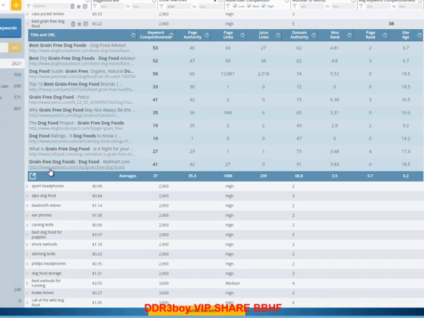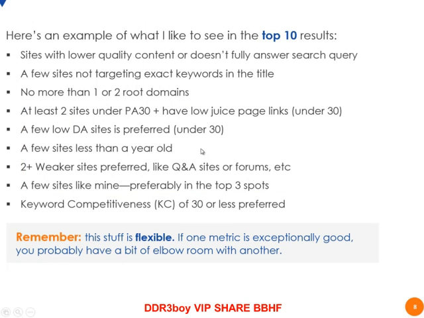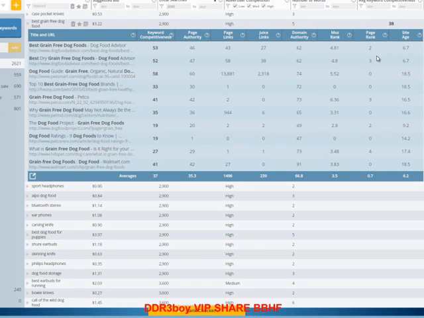Yeah, I'm just not seeing it when I quickly look at this overall results. I was actually hoping that this was a good keyword, but it just is not. There's no sites like mine. The KC is a 38. So I would not target best grain-free dog food as a primary keyword.